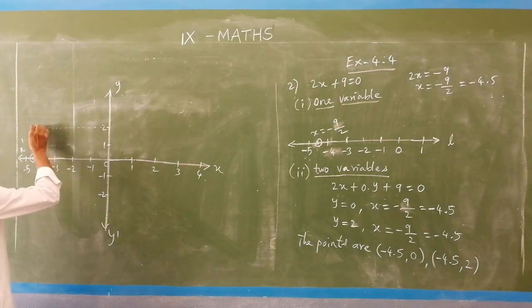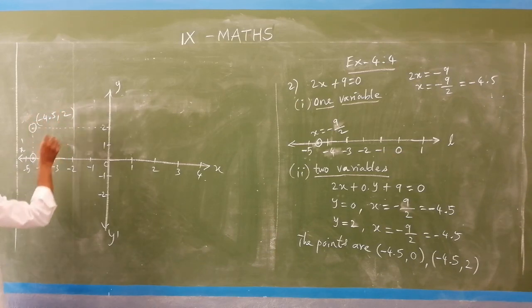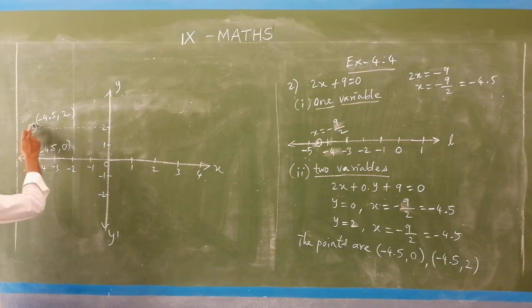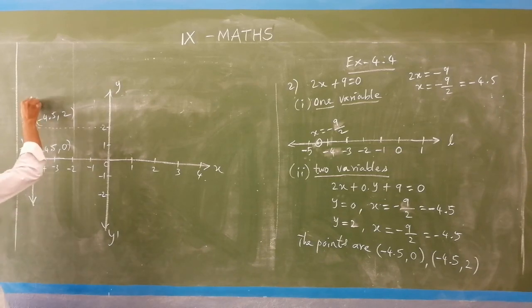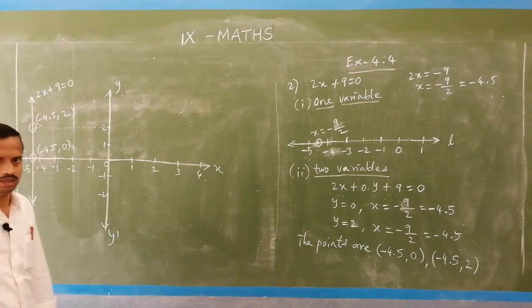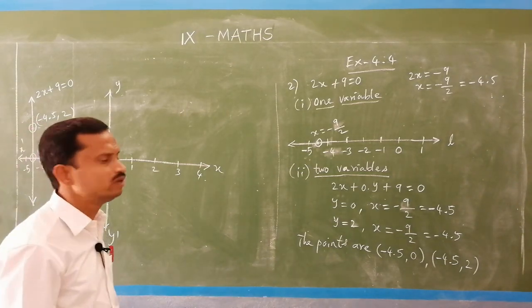You draw a line through these. y equal to 0 means the point lies on the x axis. If you join these 2 points, we get the line 2x plus 9 equal to 0. So, this line represents the equation 2x plus 9 equal to 0. This is the way of representing the given linear equation in one variable and two variable form.